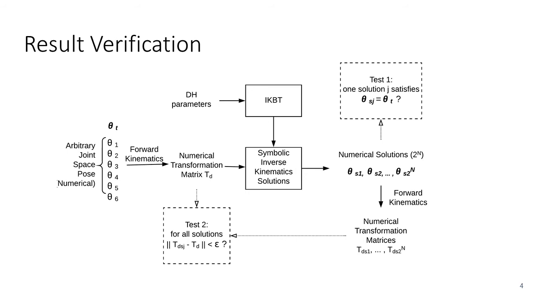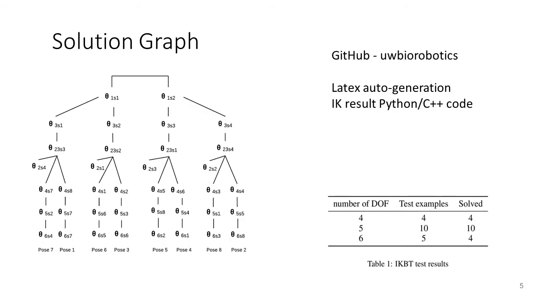The second test is to take the numerical solutions and perform forward kinematics. The resulting transformation matrix should match exactly to what we start with. IKBT tracks joint variable dependency, which is critical in obtaining the correct combinations of different versions of joint variables in order to achieve desired position and orientation.